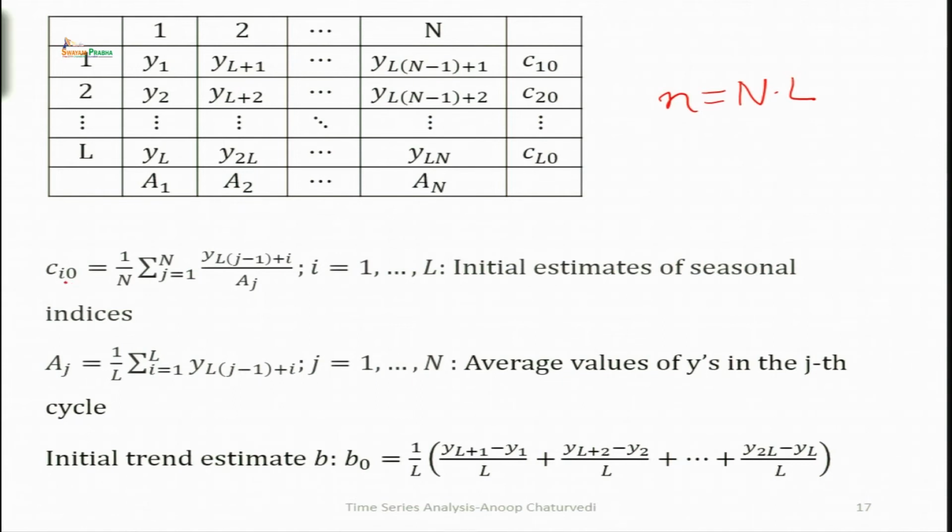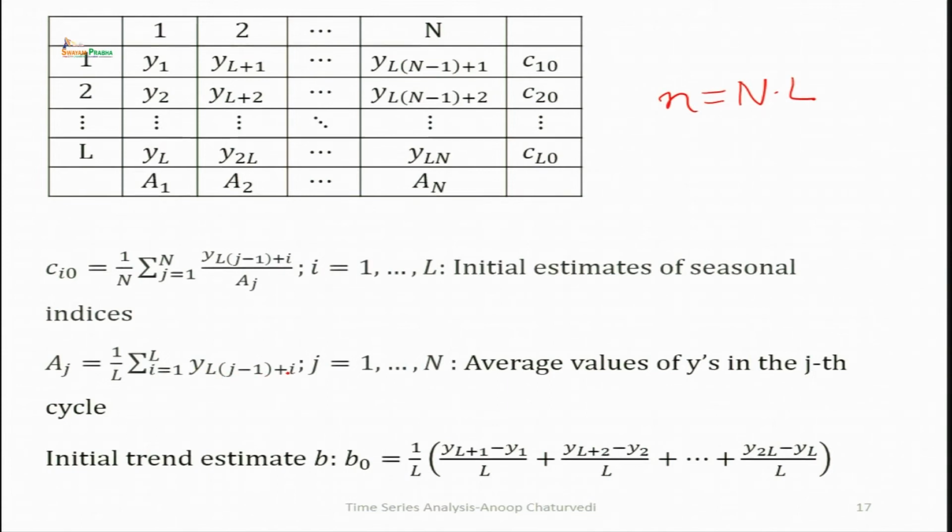Then you take CI naught equal to 1 upon n summation j equal to 1 to n of y_{L(j-1)+i} upon A_j, and A_j is equal to 1 upon L summation i equal to 1 to L of y_{L(j-1)+i}.